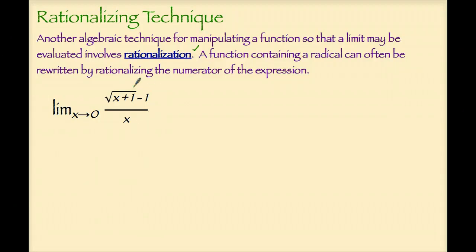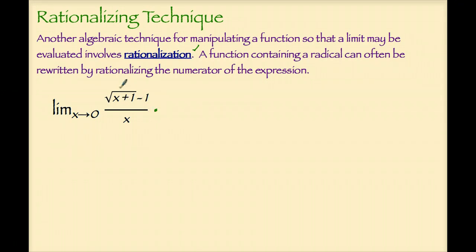When you have a radical expression, you can use something that you learned back in probably Algebra 1 or Algebra 2 in order to rationalize the denominator of a fraction. In this case, however, we're going to rationalize the numerator. We're going to multiply the top and bottom of this function by the conjugate of this numerator.